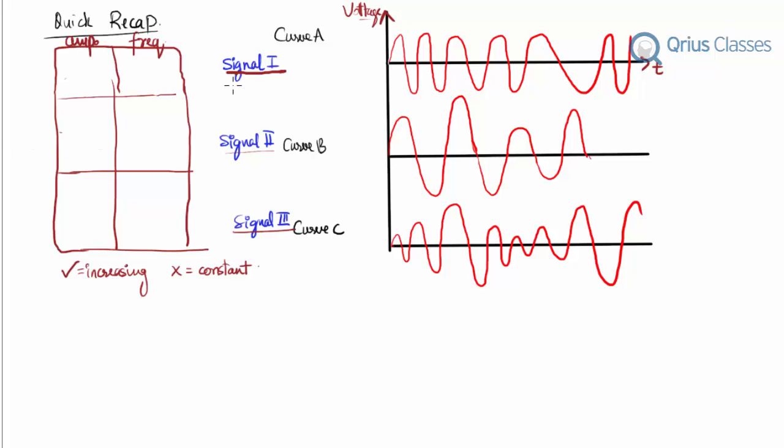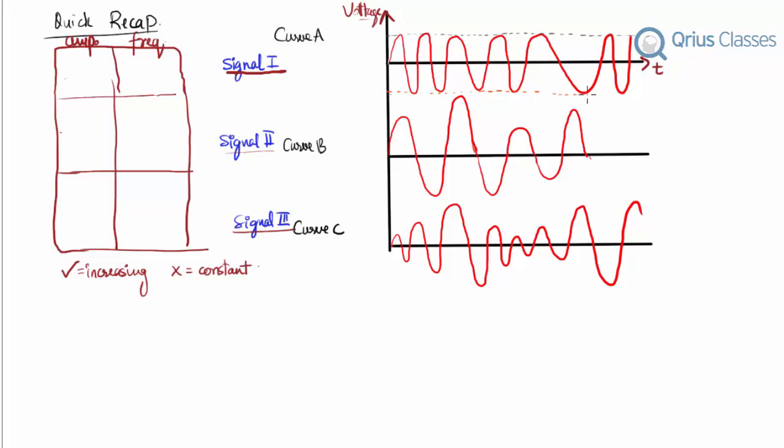All right, so we know that the amplitude is nothing but the maximum value of the signal on the positive side and on the negative side. For signal 1, the maximum value corresponds to this much, and this is the minimum value.